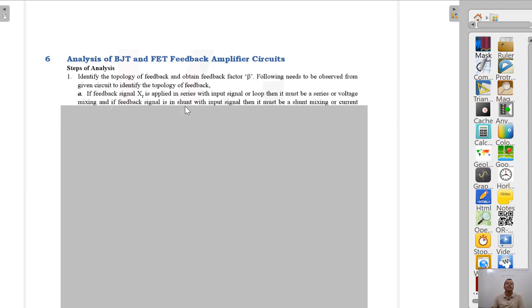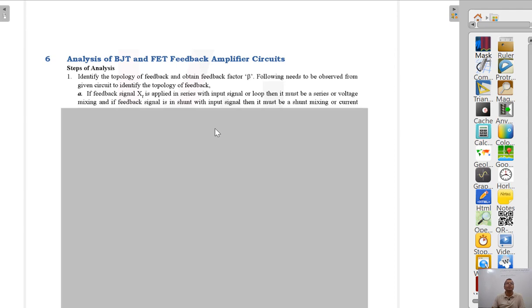And if the feedback signal is in shunt with the input signal, then it must be shunt mixing or current mixing. Of course, we will be able to understand it better after discussion of the practical circuits. But you should know the set of rules, because only then will you be able to analyze the circuit.